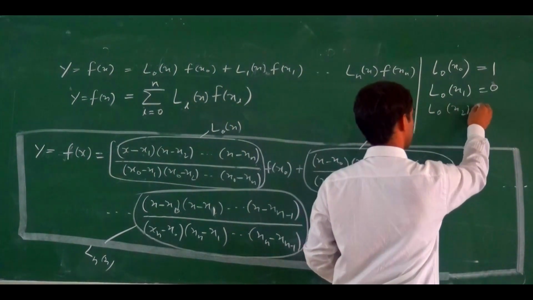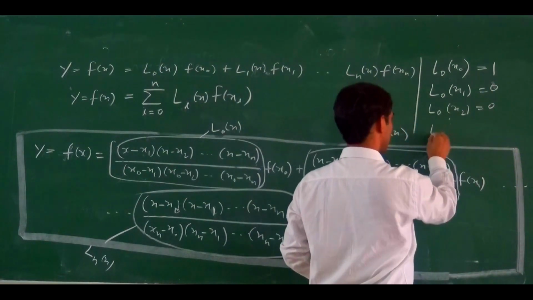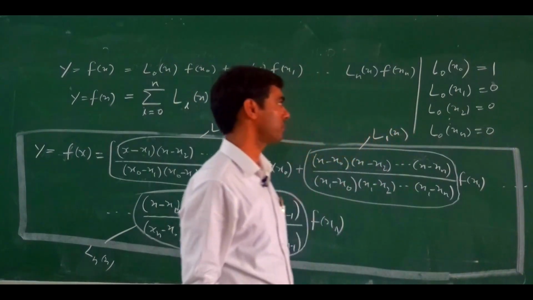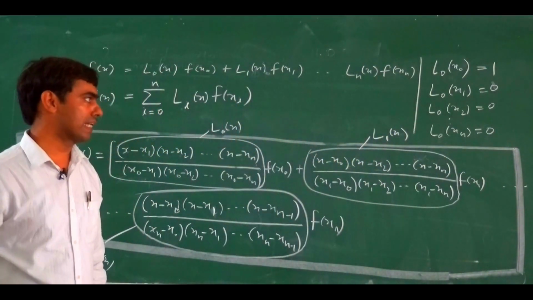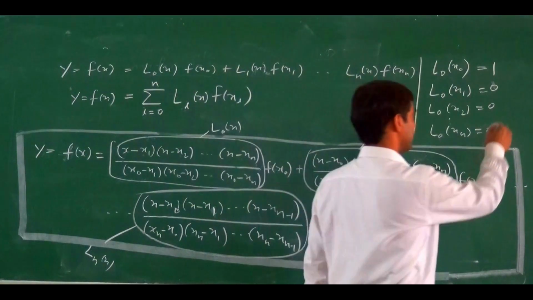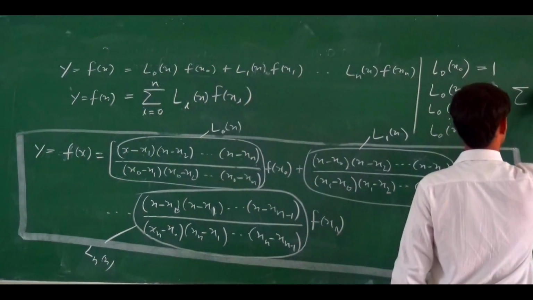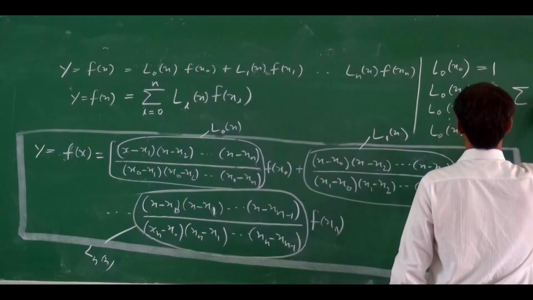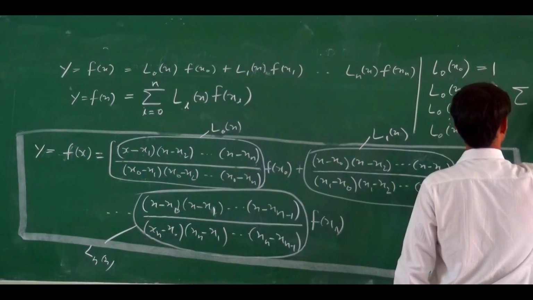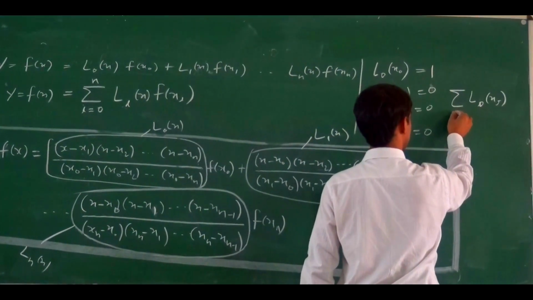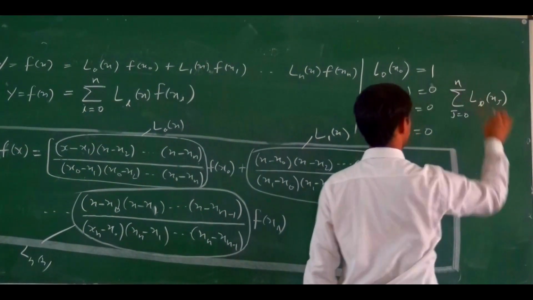L0(x2) is what? 0. Similarly, L0(xn) is also 0. So what do we conclude here? We find the summation of Li, L0(xj), where j ranges from 0 to n.